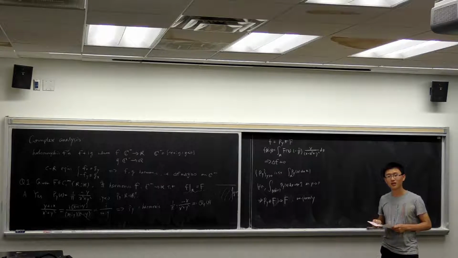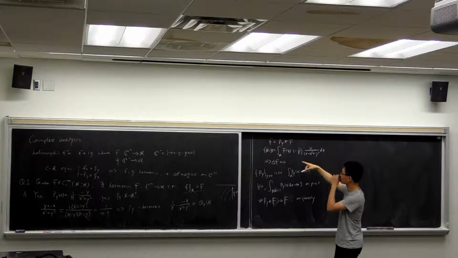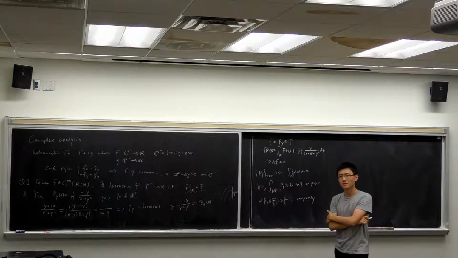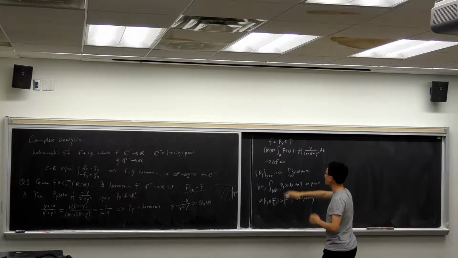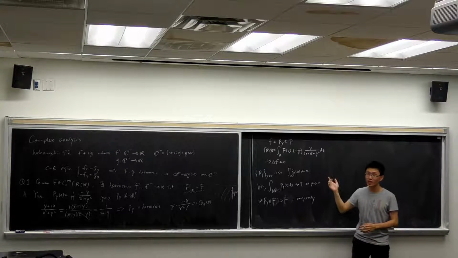I'm a little bit confused about how this convolution works, because it seems like capital F doesn't really matter, it just depends on the integral of capital F. Yes, actually this property does not depend on capital F at all.